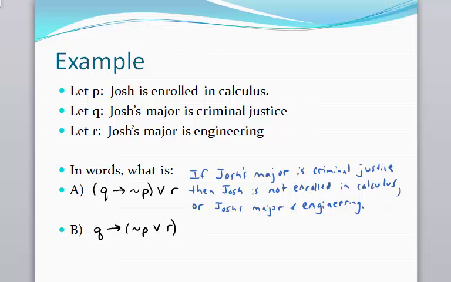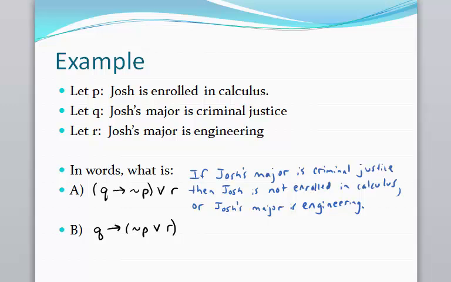At the end of the parenthesis, note that we put a comma. Or Josh's major is engineering. You can use the parenthesis as an indication of where to place your comma in the sentence. And you also might want to note that this statement is a disjunction because of the V, the or, being outside the parentheses. Let's move on to part B.